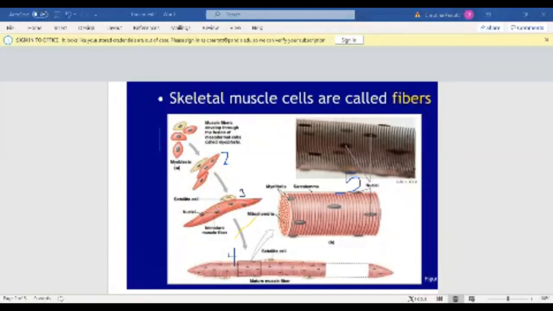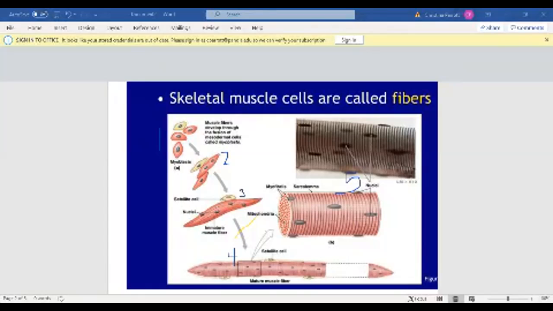Okay, so the yellow one, you will see the yellow cell never merges with the rest of those cells. The muscle cells will merge together, but this yellow cell is going to stay yellow, and it stays by itself. If you look from picture 1 to picture 2 to picture 3, it always sits on the outside of the other muscle cells.